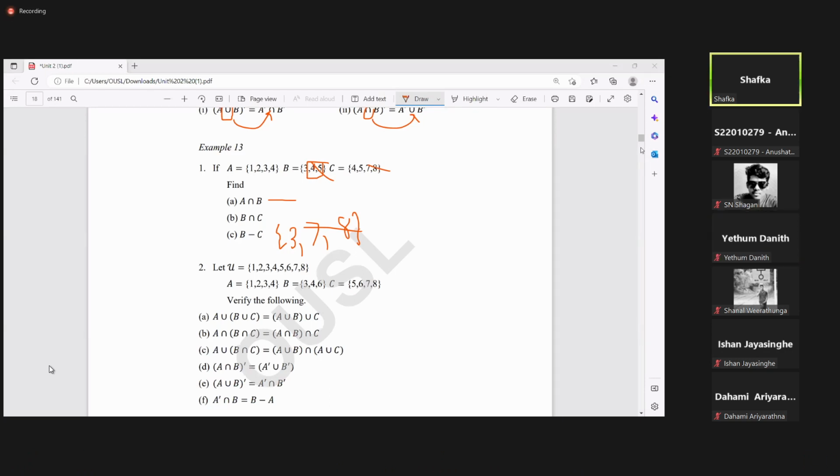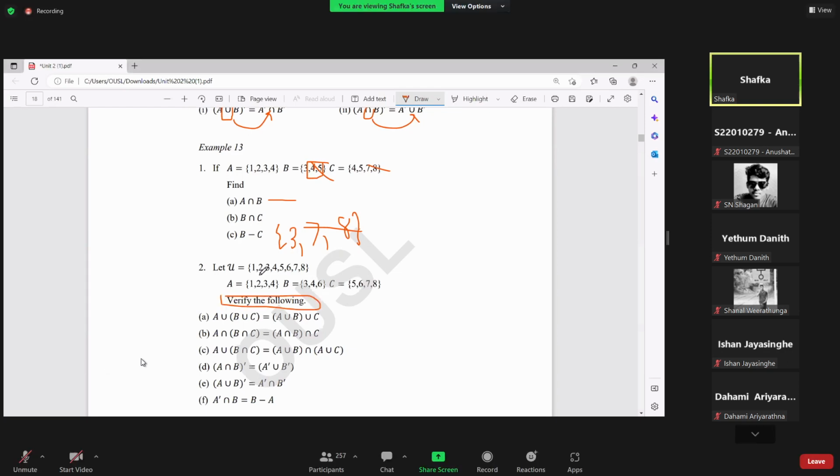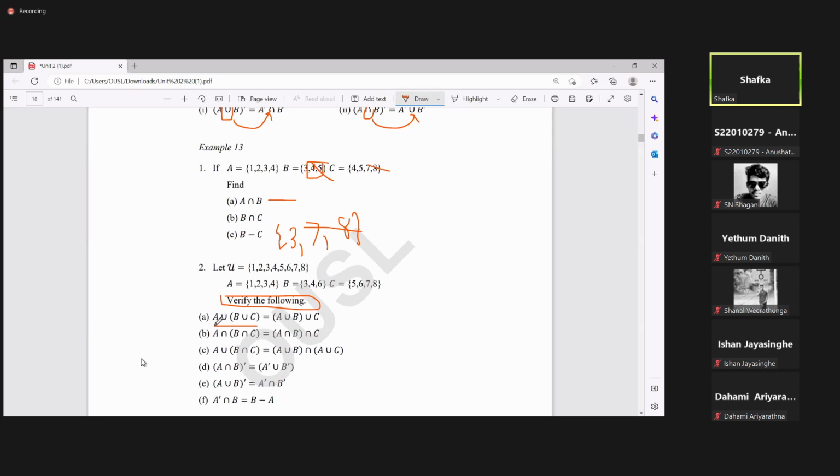Okay, then. This example says verify the following. No need to mention that this is the associativity law and this is the commutativity law. If you have this kind of question, verify the following means you have to calculate the elements of this one and then say whether it is correct or wrong.